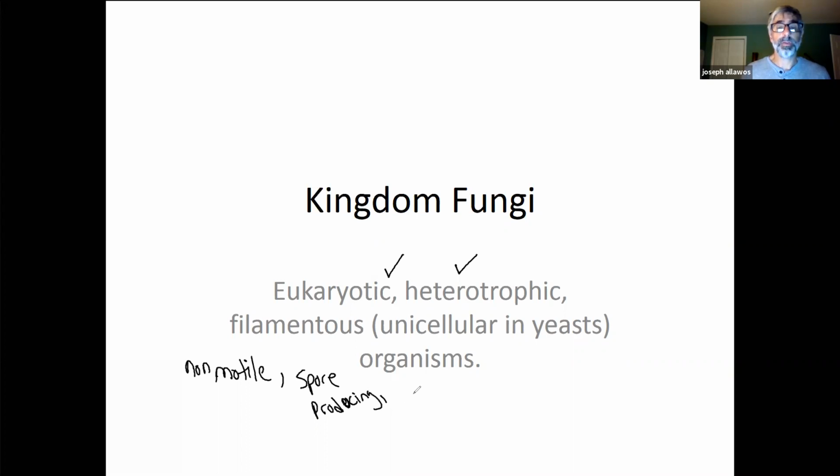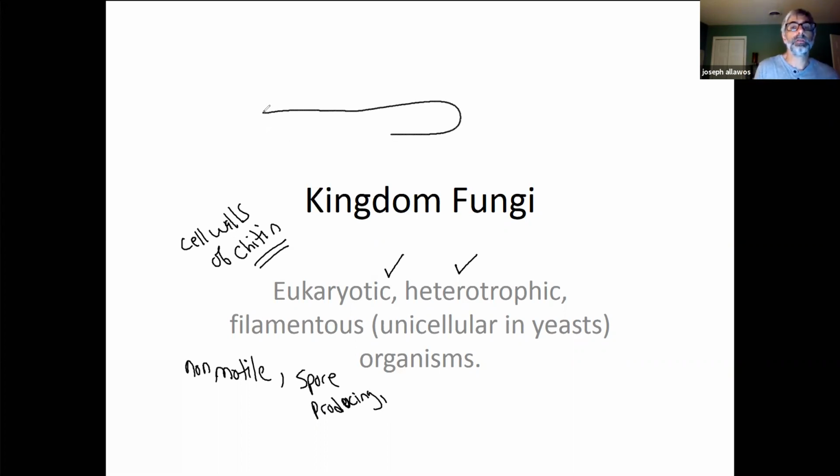Some other general things about them: cell walls of chitin. And this molecule chitin is very interesting as it appears in the cell walls of fungi. The fungal filament is a little bit strange as well, because if these are nuclei, what we see in many of the fungi when we look at them is that there are no septa.